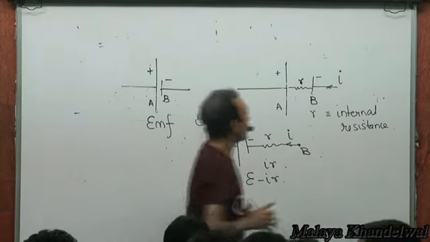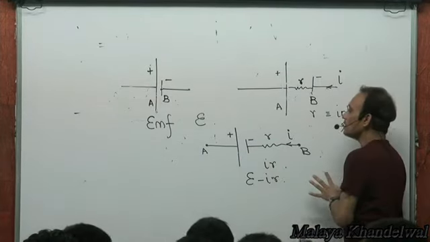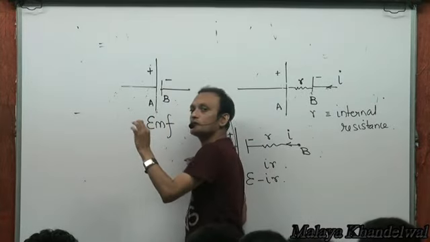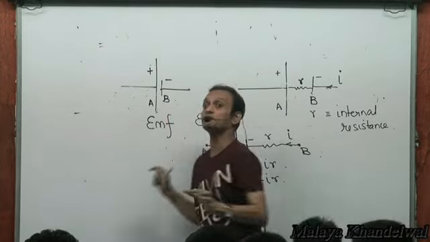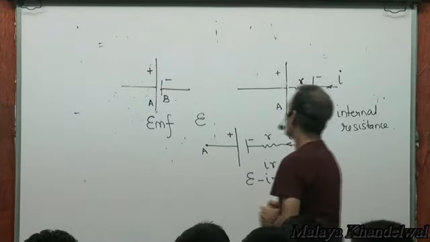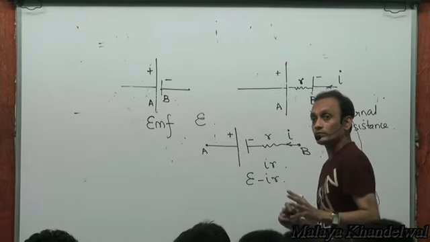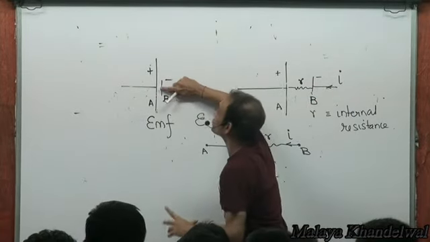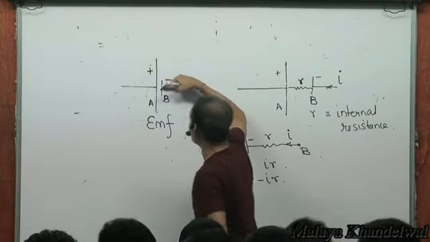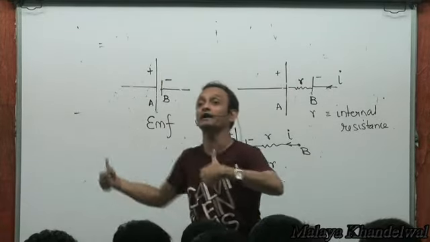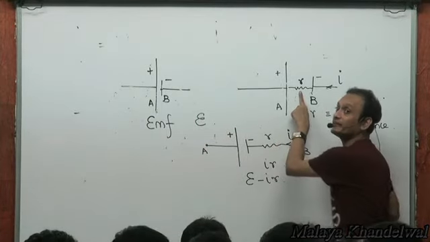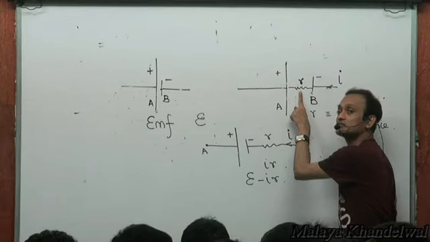All that I'm saying is, epsa is the EMF of the cell, which is the potential difference between its terminals when there is no current flowing through the cell. Theoretically, it's okay to assume that there is no resistance, but realistically, while current flows from the terminal B to A or from A to B, there is resistance offered by the cell. This resistance offered by the cell is called internal resistance, small r.